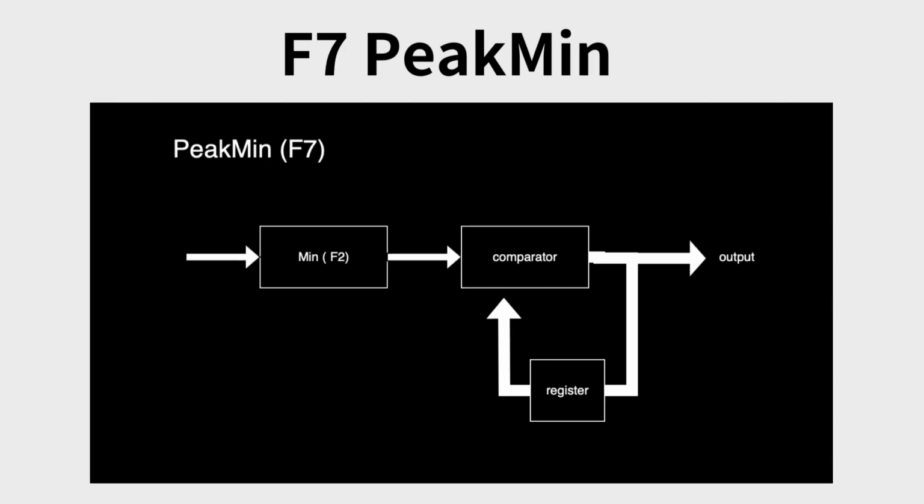For function 7, peak minimum, in this function we will first use the circuit of function 2 to reduce the circuit area. The output of function 2 will be the input of a comparator, where it will be compared with the previous minimum and then output the peak minimum.